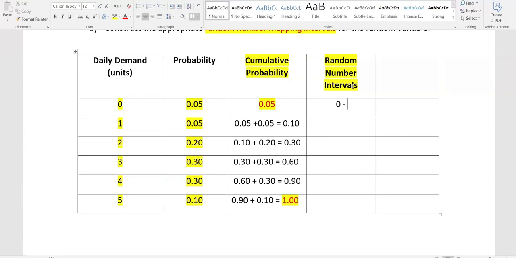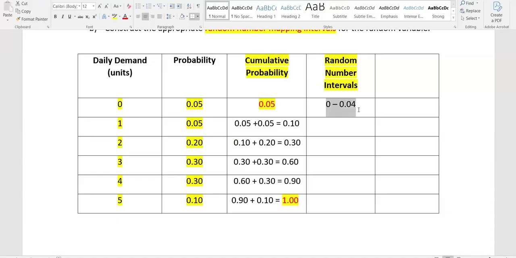To. 0 to 1 unit less than the cumulative probability that I'm in line with. We're finding an interval. An interval is like 5 to 9, 10 to 15, 20 to 25. We're coming up with the random number intervals. So we started with 0 to 0.04. Follow me: to 1 unit less than the cumulative probability that I'm in line with, so 0.04. Excellent. So it's 0 to 1 unit less than the cumulative probability that I'm in line with.